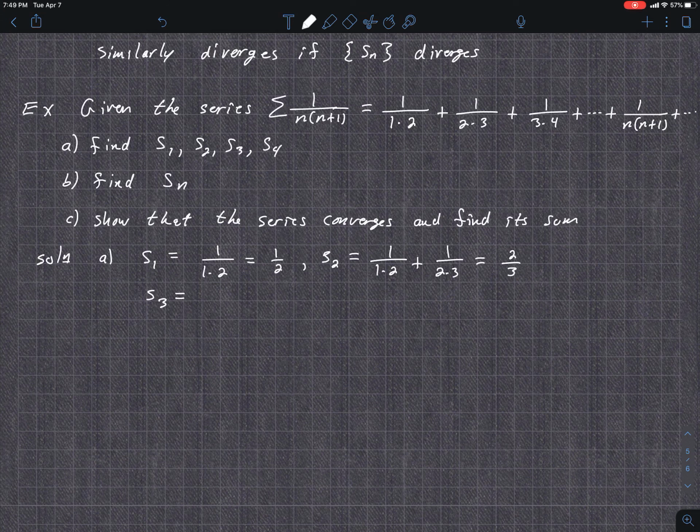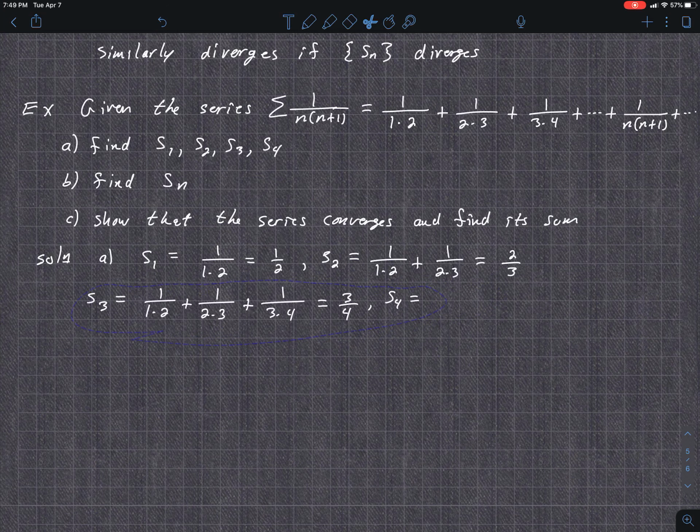That's 2/3 when you add that up. S3 is 1 over 1 times 2 plus 1 over 2 times 3 plus 1 over 3 times 4. And when you add that up, I'll save you the pain of the arithmetic. That ends up being 3/4.